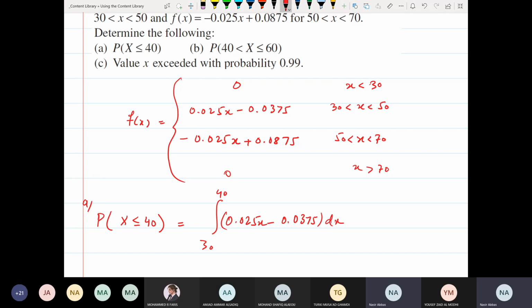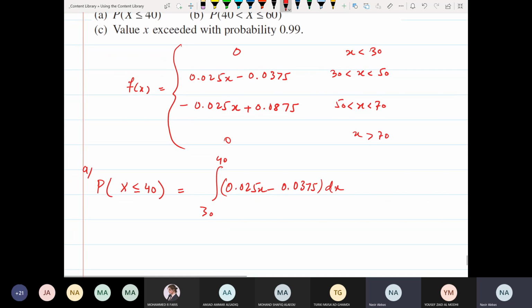Find the probability x between 40 and 60. How will you solve this question? Raise your hands if you know it. Amjad Ammar. The probability from 40 to 50 for the first equation, and from 50 to 60 for the second equation.